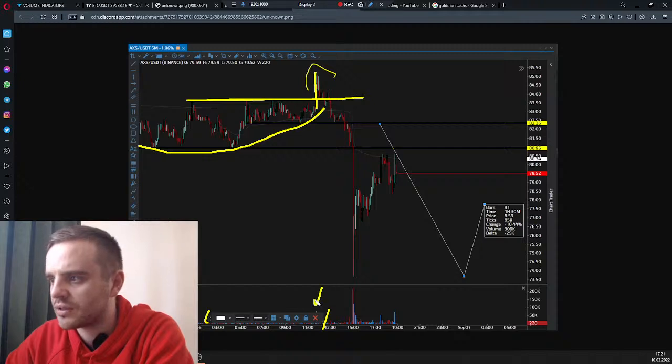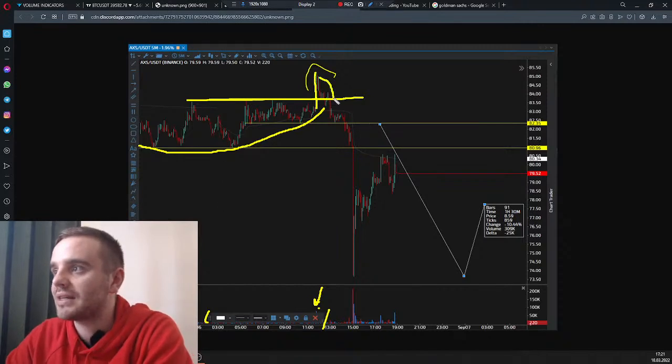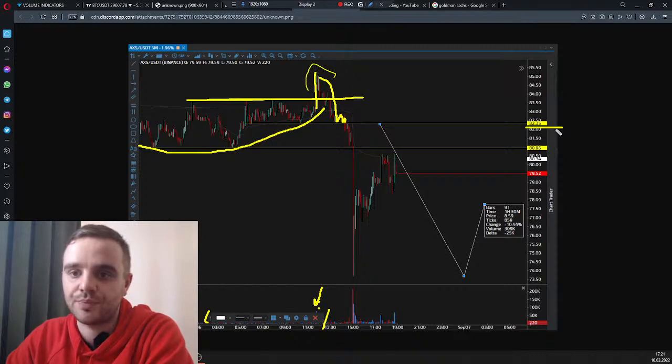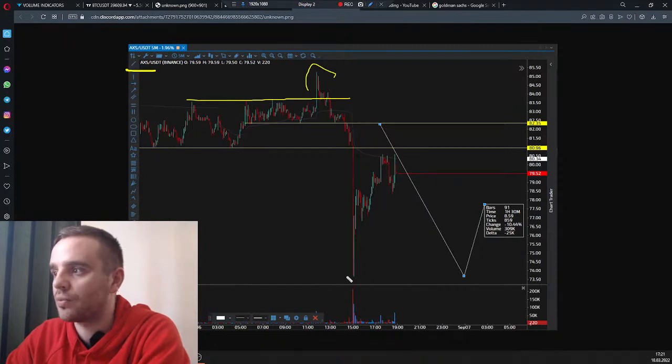Volume increased, sadly, but still this volume was much bigger than average volume. And price came back exactly to this local level, 82. And have a look what happened after that. Axie dropped so much, by 10%.